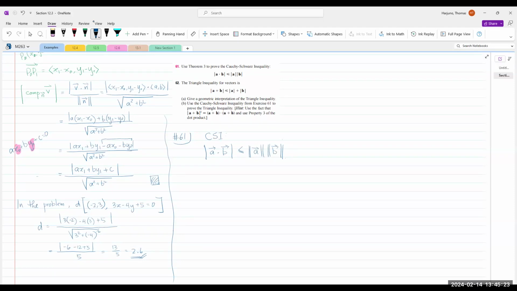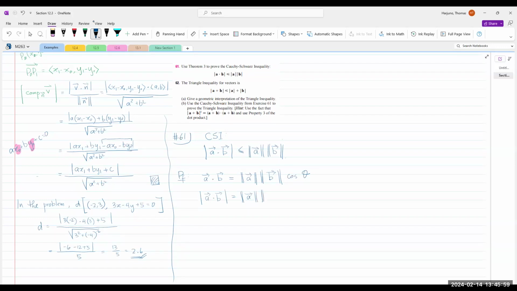From the definition proof, we know that A dot B is equal to the magnitude of A times the magnitude of B times cosine theta, right? So when I take the absolute value, that's a product of the magnitudes.